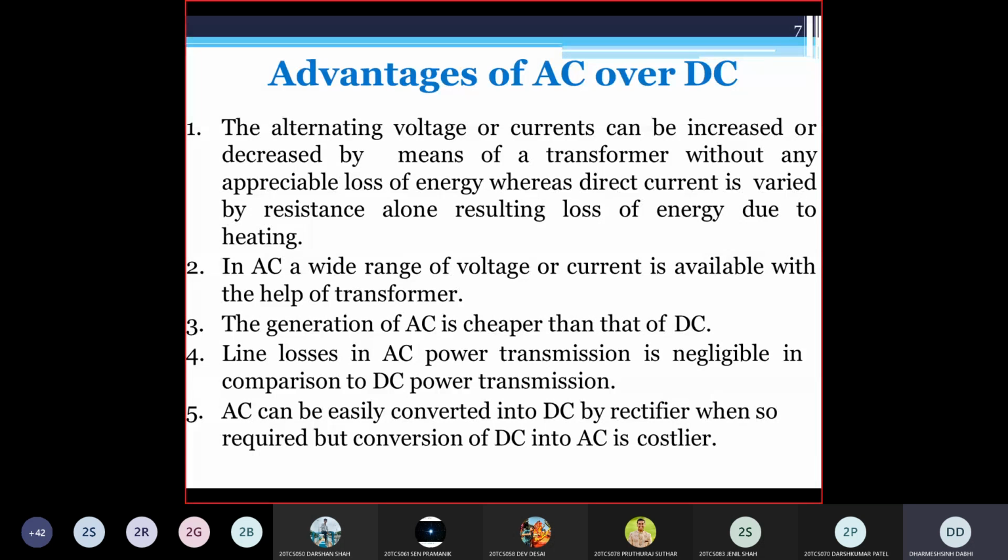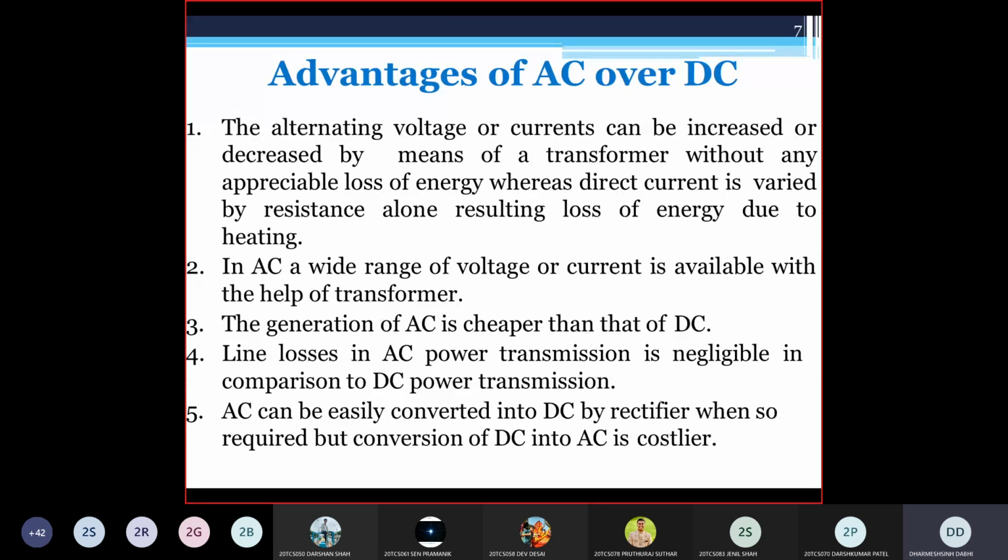Fifth reason is that AC can be easily converted into DC by the rectifier, whereas the conversion of DC to AC is also possible, but it is costlier as compared to the rectifier circuit. So as you know, in our mobile charger, we use the DC power. But why do we require the chargers?